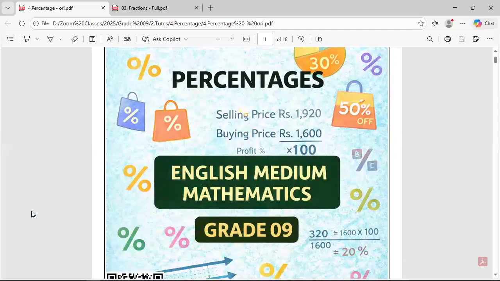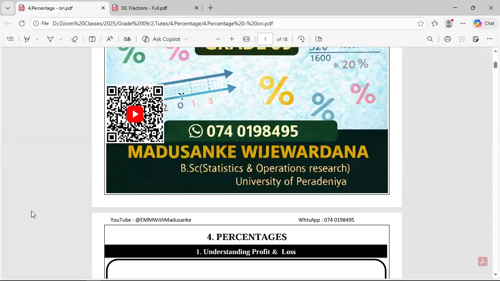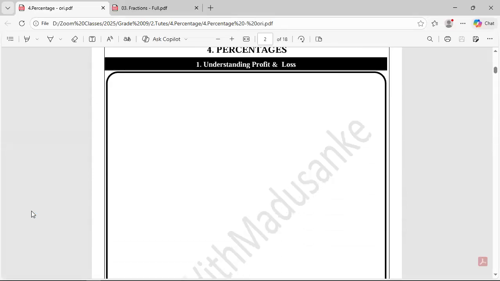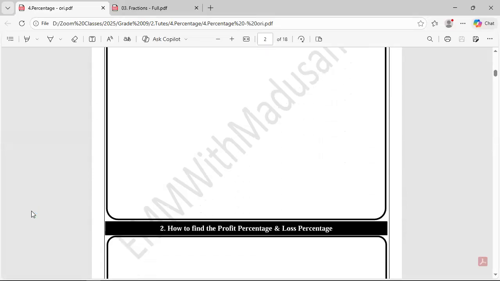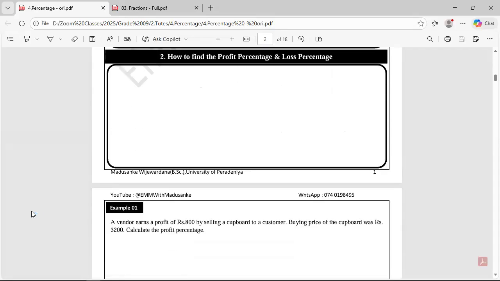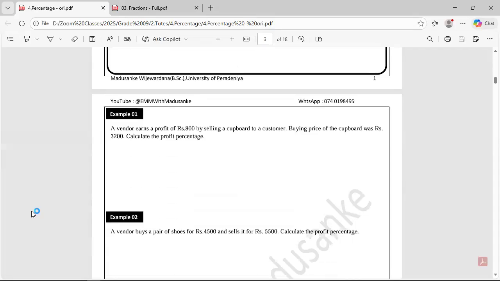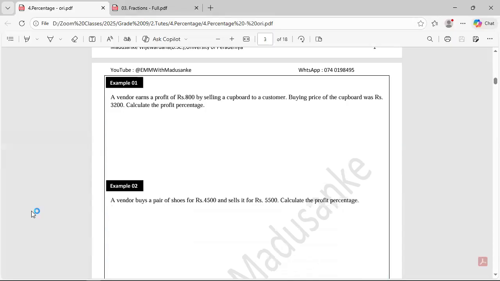This is your percentage tune, then understanding profit and loss, which we have done, then how to find the profit and loss percentage. So, example number 1.